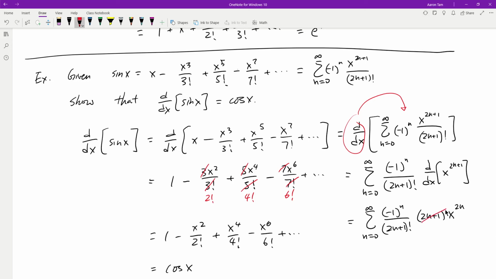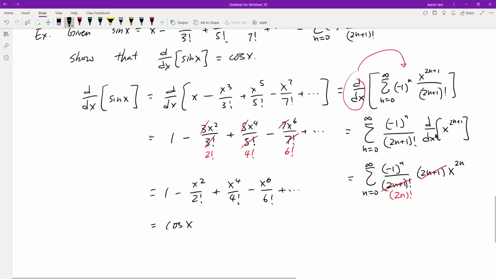Notice that the 2n plus 1 and the 2n plus 1 factorial cancel to just 2n factorial. And so after I take the derivative of this summation, I get the summation n from 0 to infinity, negative 1 to the n, x to the 2n over 2n factorial, and that is the same as cosine x.